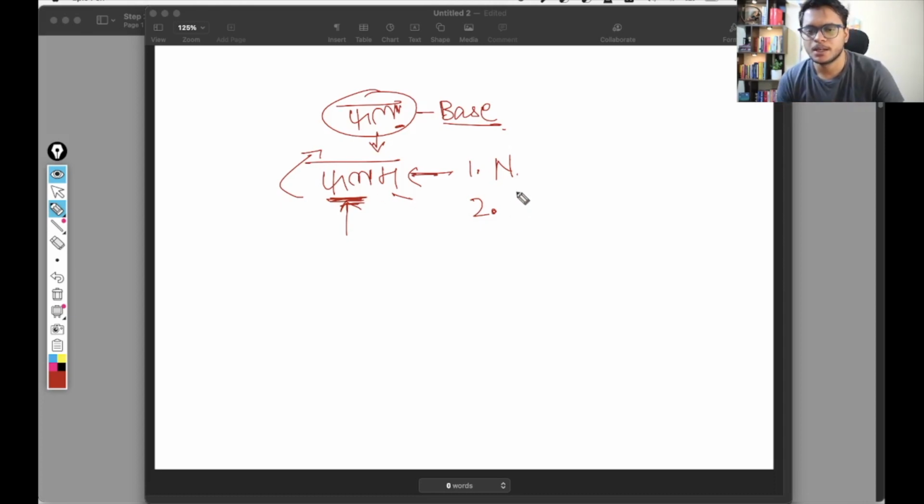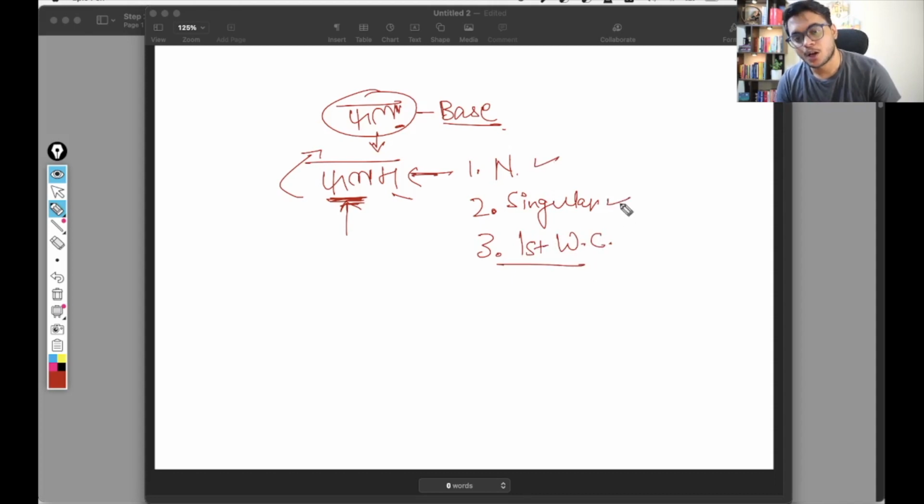This phalam is in singular form, ekvachan, one fruit. And then the third property is which case. Here you can take it as first word case. Actually it can be either first or second, but for now we'll take first word case. So you have gender, how many, singular, and which word case, first word case. These three properties any noun will tell you.